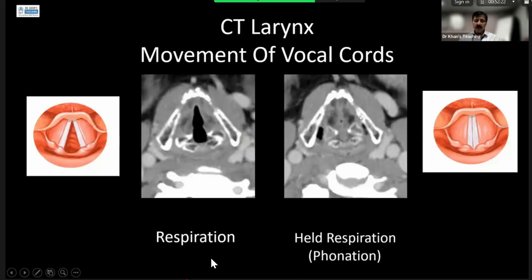If you take a CT in held respiration or phonation, phonation is where you ask the patient as you scan just to do like this, and automatically this will be adducted. So the classical method to do a CT scan, we call it a CT of laryngeal protocol.